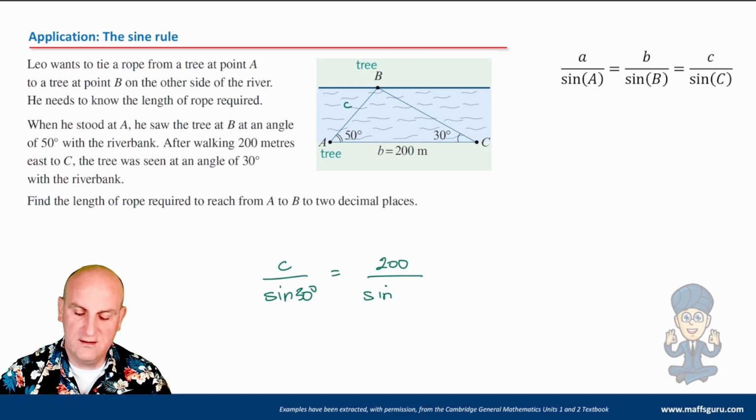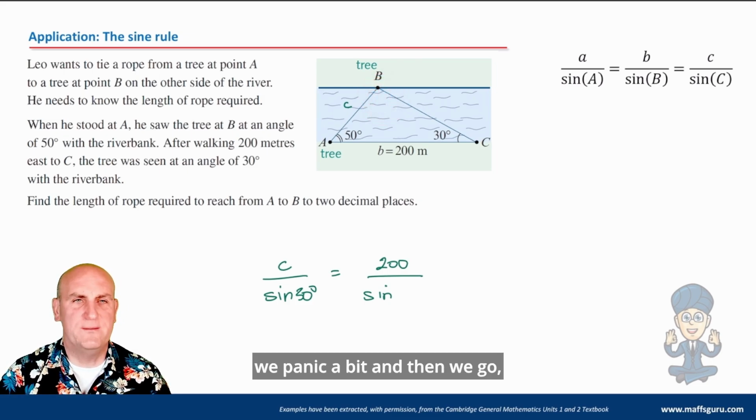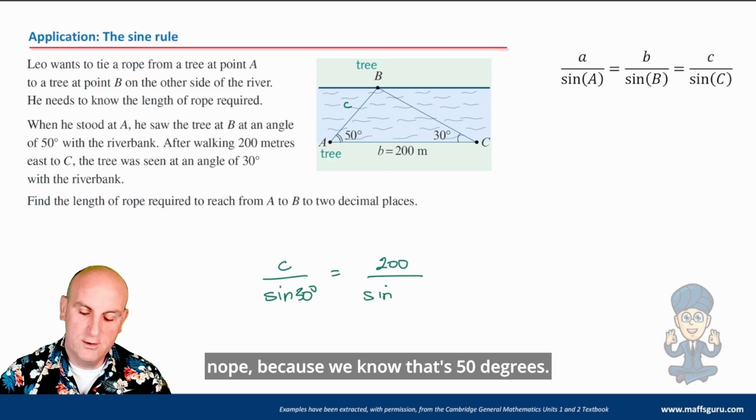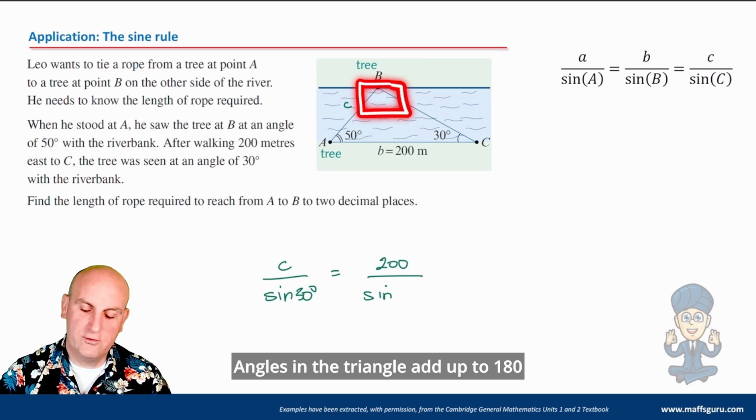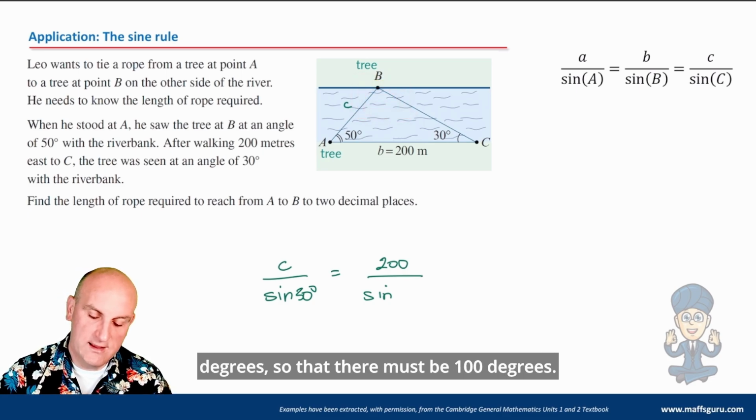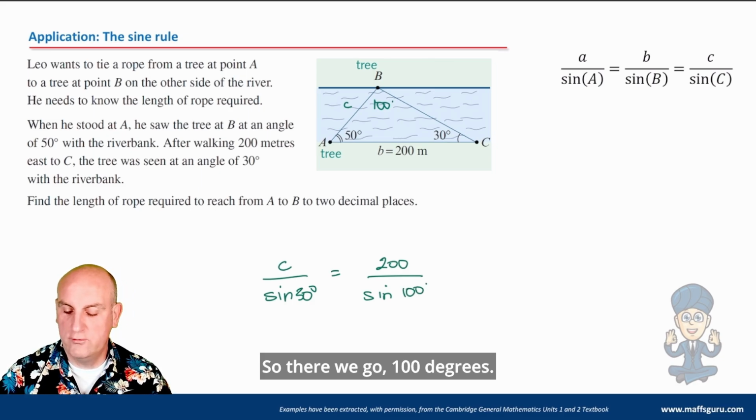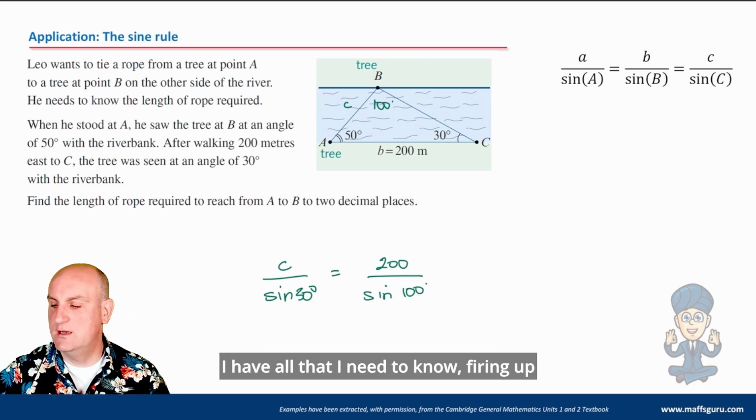Well, they haven't given me the angle. We run around, we panic a bit, and then we go, nope, because we know that's 50 degrees, that's 30 degrees, 80 degrees in total. Angles in the triangle add up to 180 degrees, so that there must be 100 degrees. So there we go, 100 degrees. I have all that I need to know.